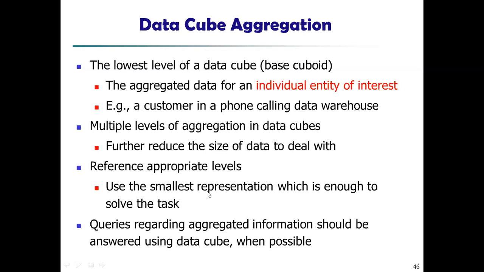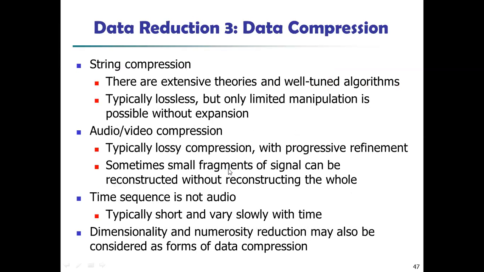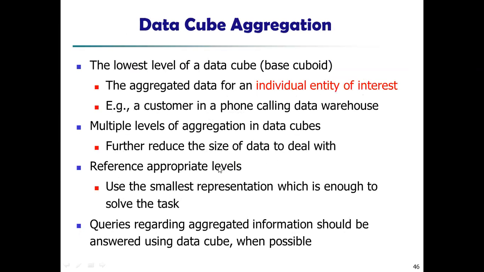Data cube aggregation. So we will continue in the next class. That is the data compression. Data cube aggregation: the lowest level of a data cube is the base cuboid, the aggregated data for an individual entity of interest, for example a customer in a phone calling data warehouse.